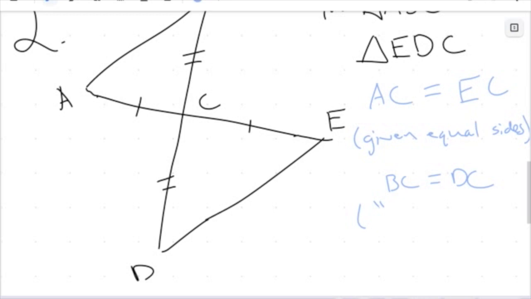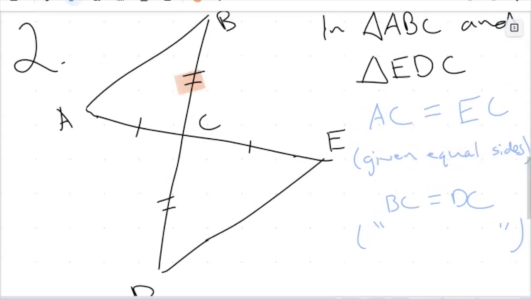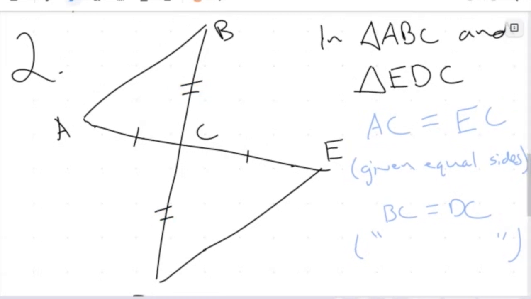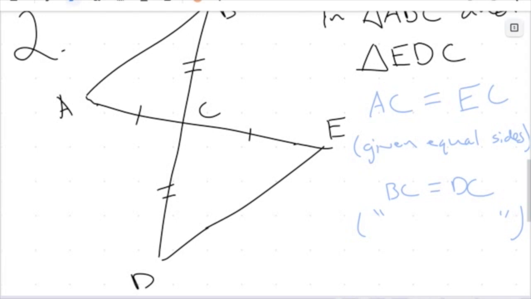Now I'm just going to put these quotation marks for the purpose of efficiency, because I've said it already before. So I'm going to use the same reason, because I've been given another two sets of equal sides, which are given to me. And now I'm left with figuring out one more thing that makes these the same.